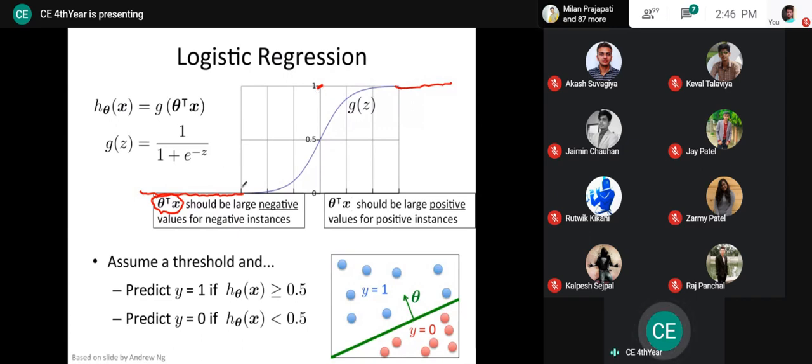And if it is very negative, then it is near 0. Fine. And as we have discussed, if we consider the threshold as 0.5, what will happen? If it is greater than or equal to 0.5, we predict y equals 1, otherwise we predict y equals 0. Fine.